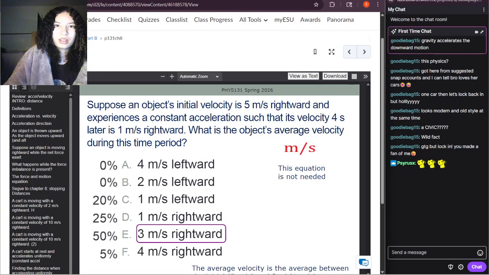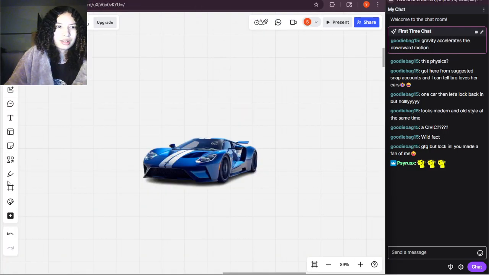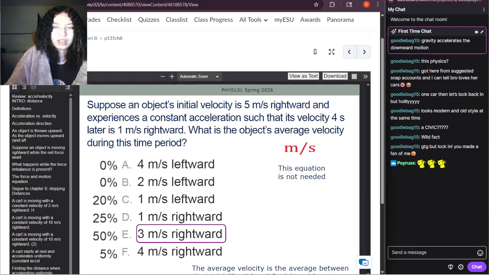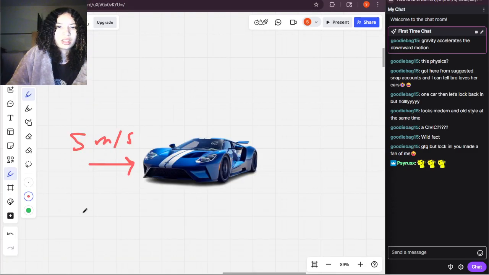Suppose an object's initial velocity is 5 meters a second rightward. Okay, 5 meters a second to the right. It experiences a constant acceleration such that its velocity 4 seconds later is 1 meter per second rightward. So it's slowing down, right?